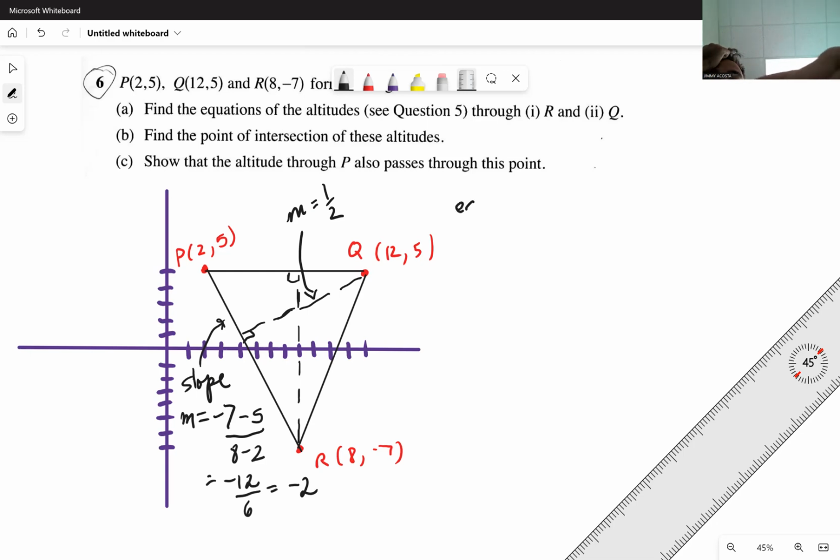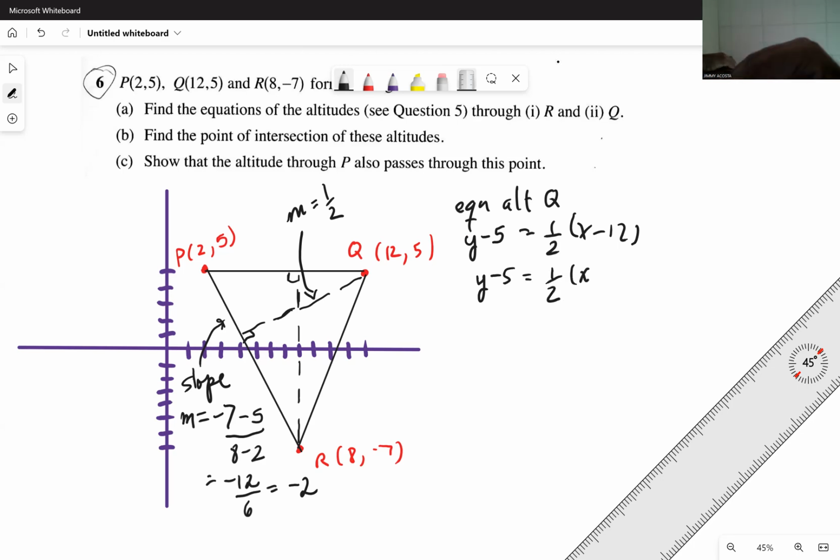The equation of altitude Q is going to be y minus 5 equals half times x minus 12. I'll go ahead and distribute. Half x minus 6. So it's y equals half x minus 1.